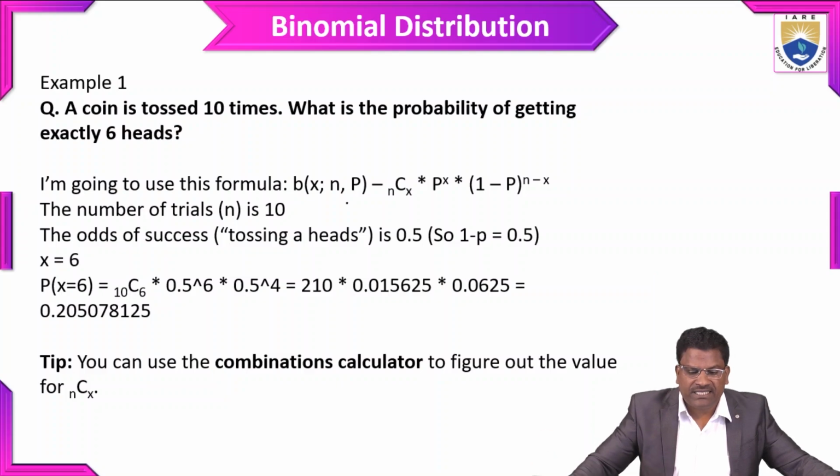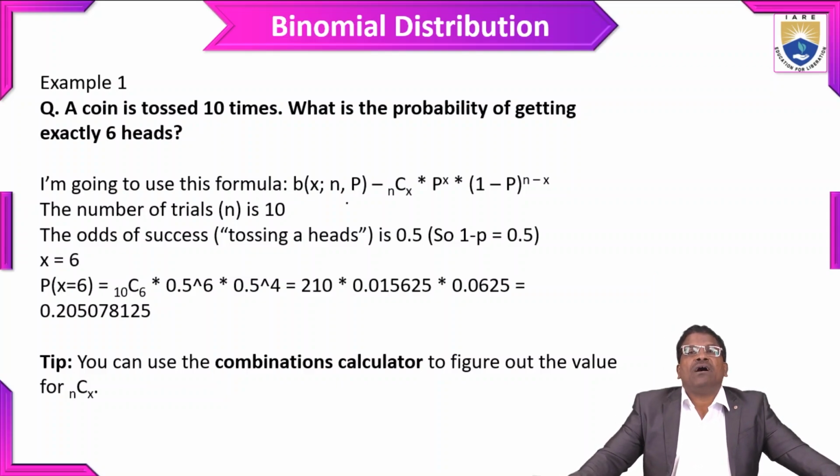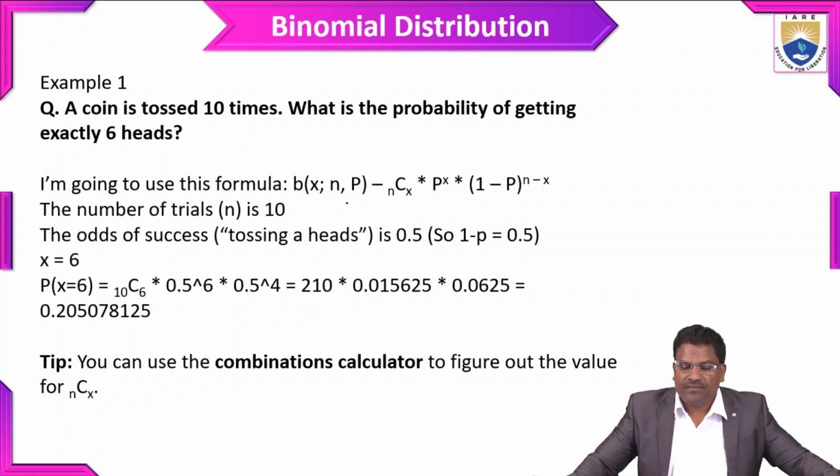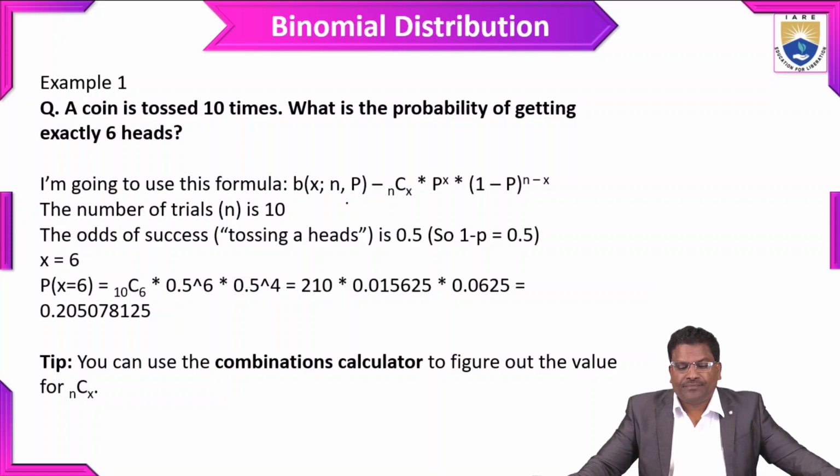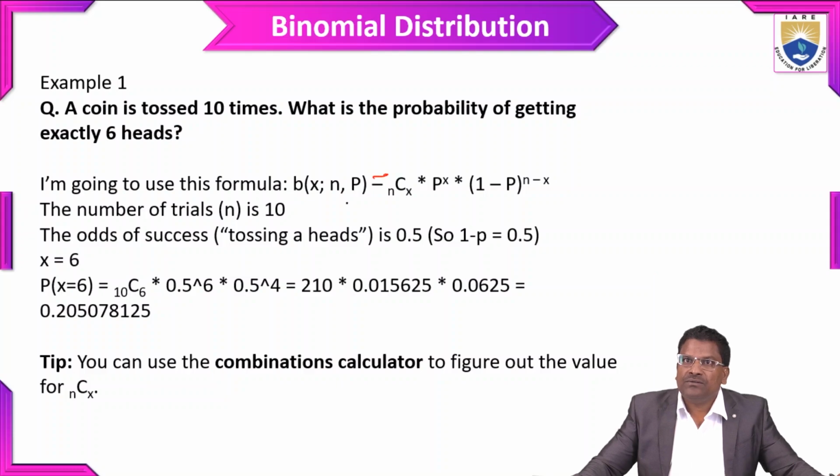After analyzing this, let us write our binomial formula. Our binomial formula is P of x, with n and p, equal to nCx into p to the power x into (1 minus p) to the power n minus x, where 1 minus p stands for q.